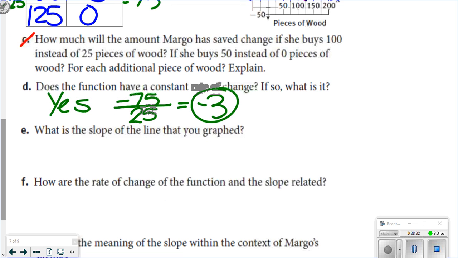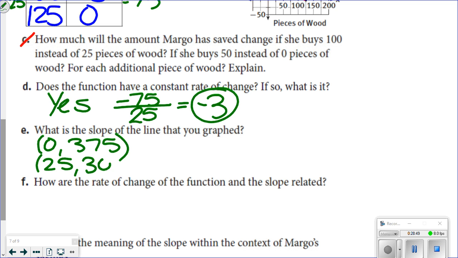So if we use 2 points, we could use 0 and 375. And the next one we could use is 25 and 300. So we're going to subtract our y values, right? We were at 375 minus 300.